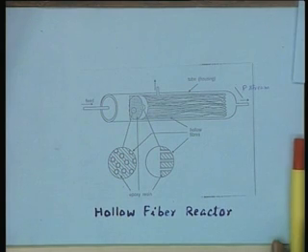And Sir, in this case, is the enzyme immobilized on the fibers? Well, it can be. There are systems reported in which the enzyme is immobilized on the tube walls. But alternatively, it can also be in the form of soluble enzyme, which is passed through. Of course, when you are immobilizing on the walls of the tube, then they don't operate really as a hollow fiber reactor.